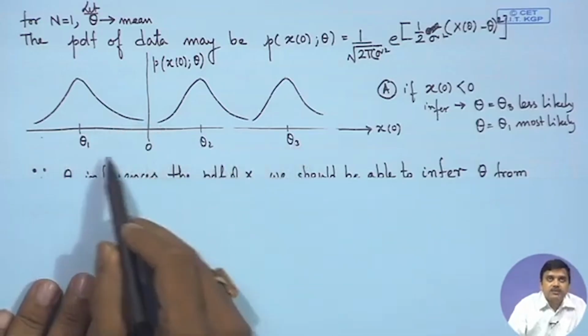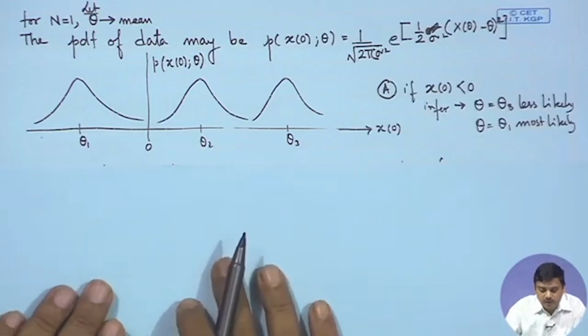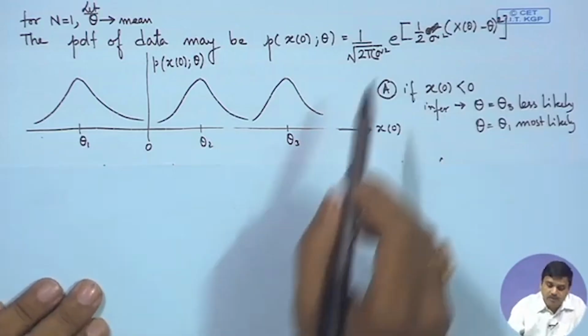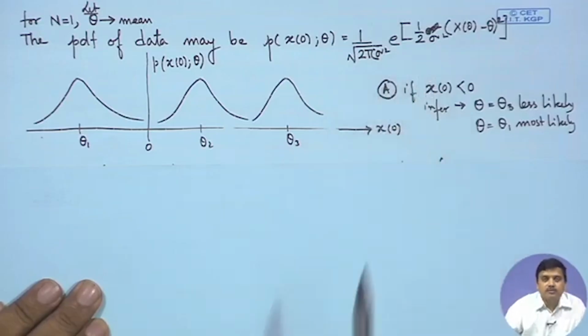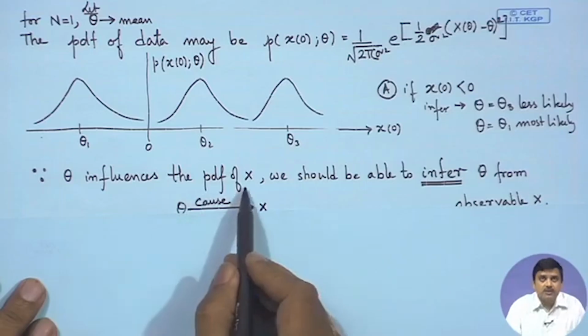And this kind of description we have given when we talked about the maximum likelihood detector, and we have used the PDF and we have used some form of philosophy of the estimation detection theory, which will be apparent very soon. So, what we see from this is theta influences the PDF of x.